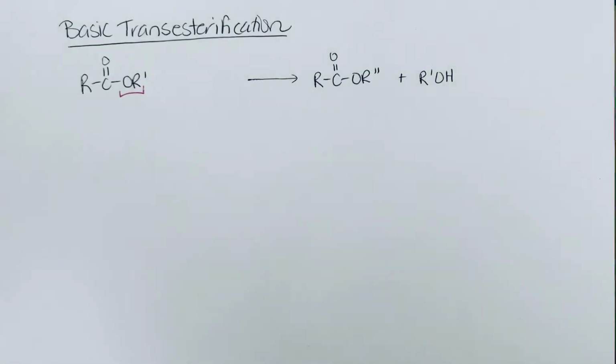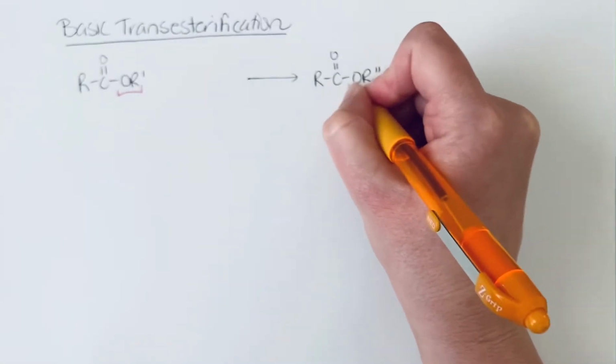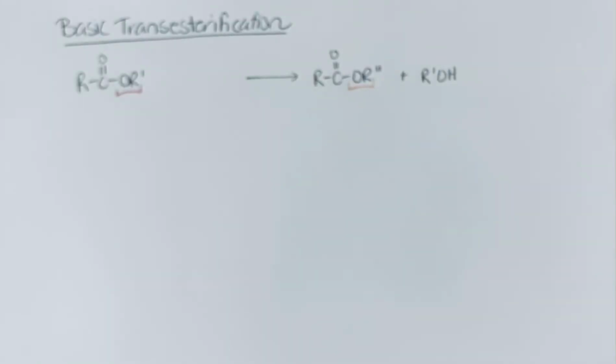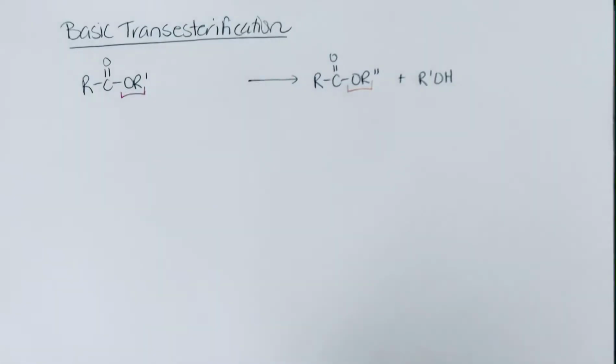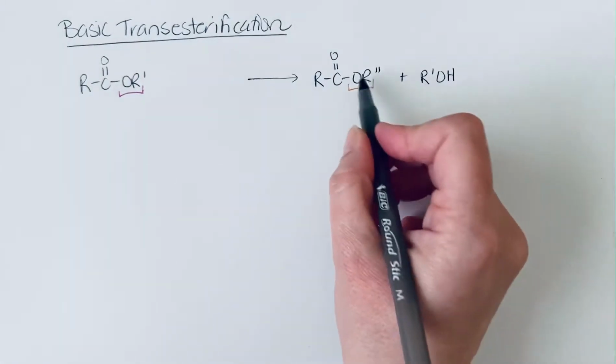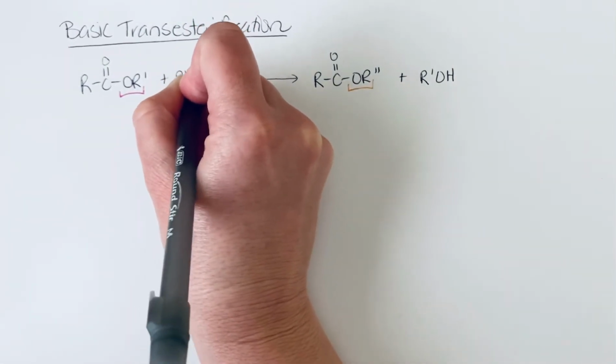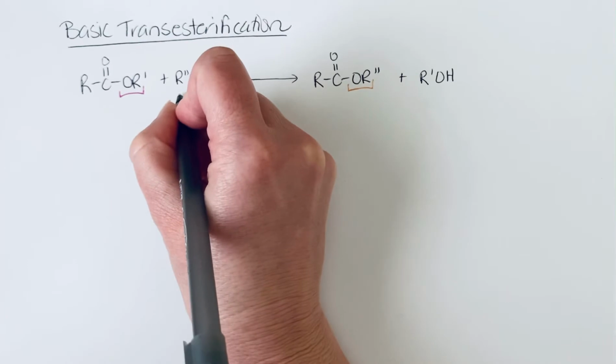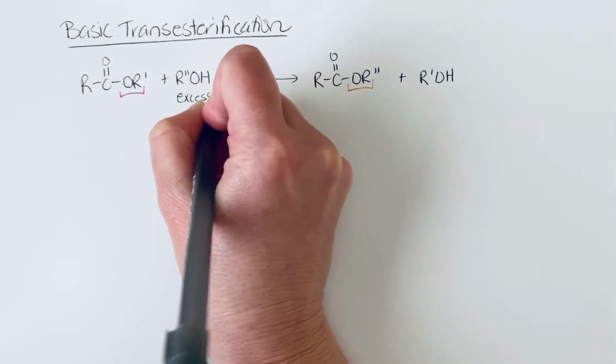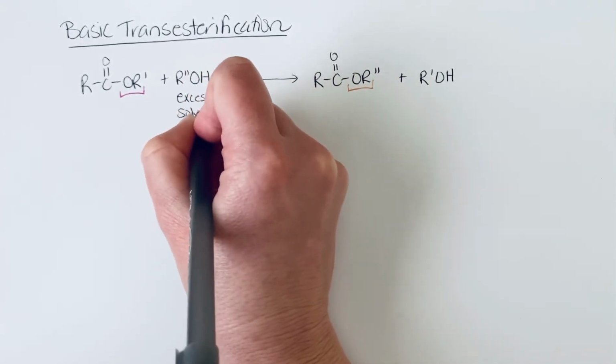Right, and then we need to see, well, where is this new ester group going to come from? And so just like we saw with the acidic conditions, we want to use that as an alcohol. And we're going to use that in a large excess. So it's probably going to be the solvent.